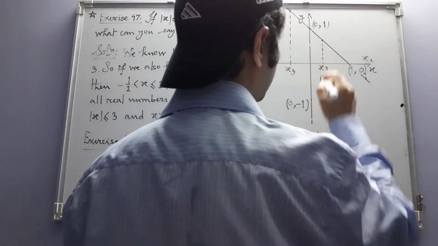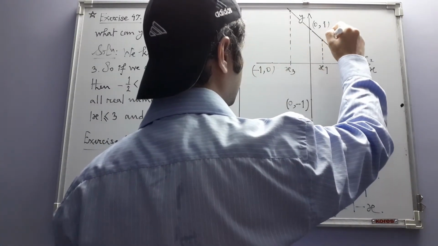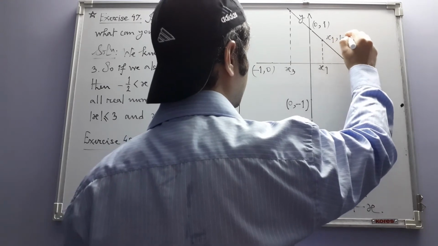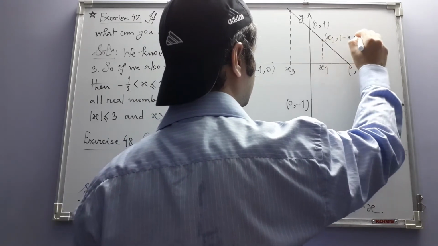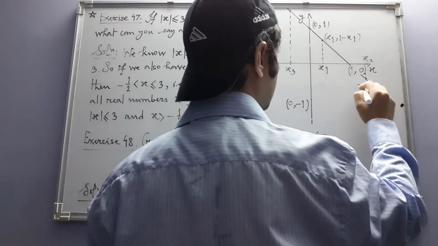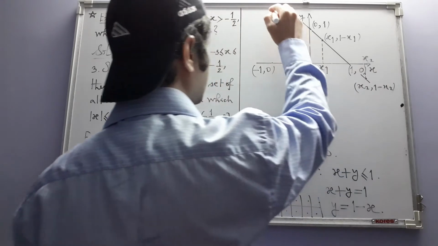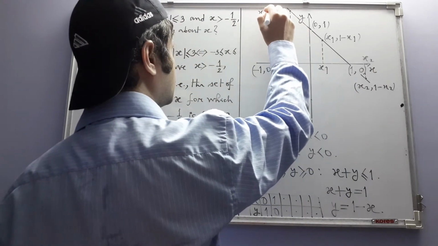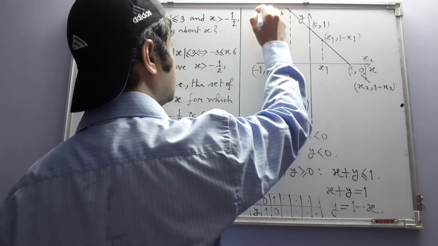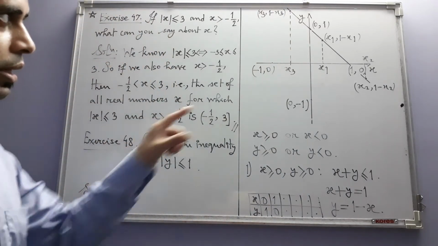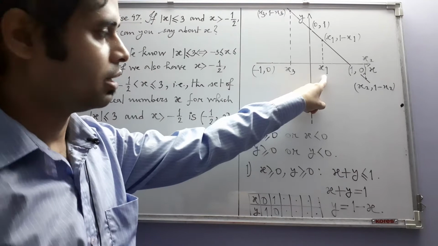These points have coordinates what? x1, comma 1 minus x1. This is x2, comma 1 minus x2. And here we have x3, comma 1 minus x3. Note, now observe the point x1.